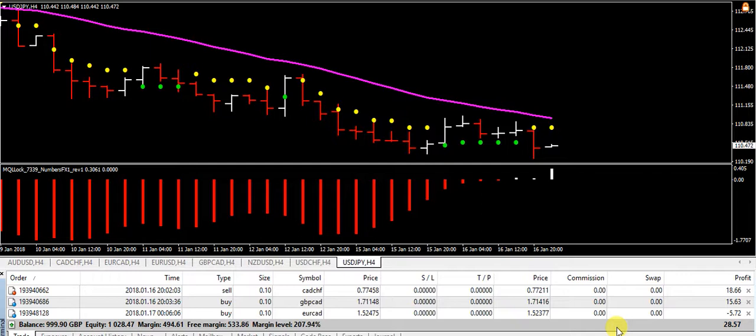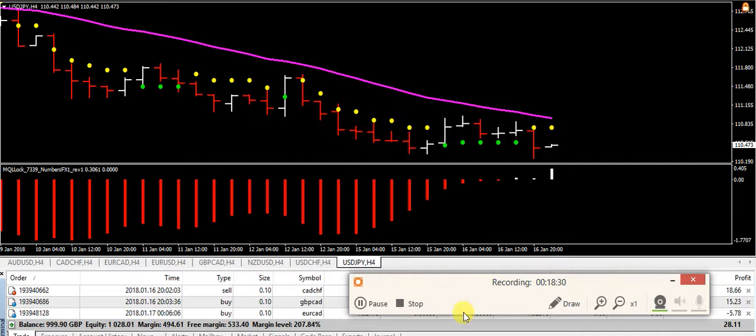We just got a little bit down with this Euro CAD, the cost of the spread, but again that's just to be expected. So going in the right direction, and what I'll do again, I'll pause the video and we'll look at it at the end of this session of 4 hours. Okay, see you soon.